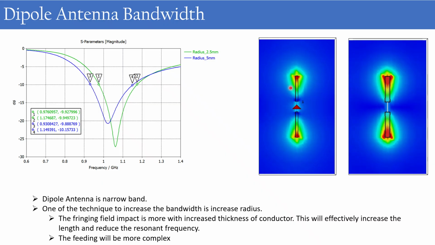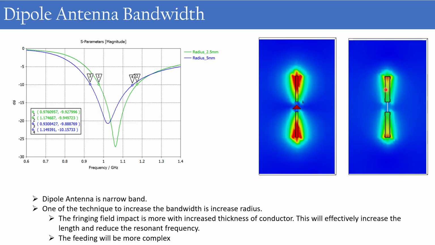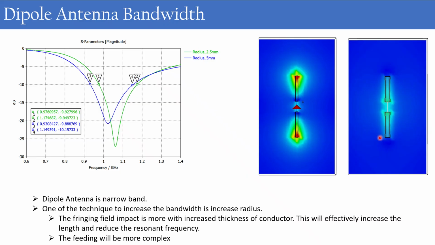So these are the fringing fields produced from the 2.5 mm conducting wire and the 5 mm conducting wire. Here you can see that the fringing field produced by the 2.5 mm conducting wire is more, which will cause an effective increase in the length of the antenna. So as the length of the antenna increases, the resonance frequency will decrease.